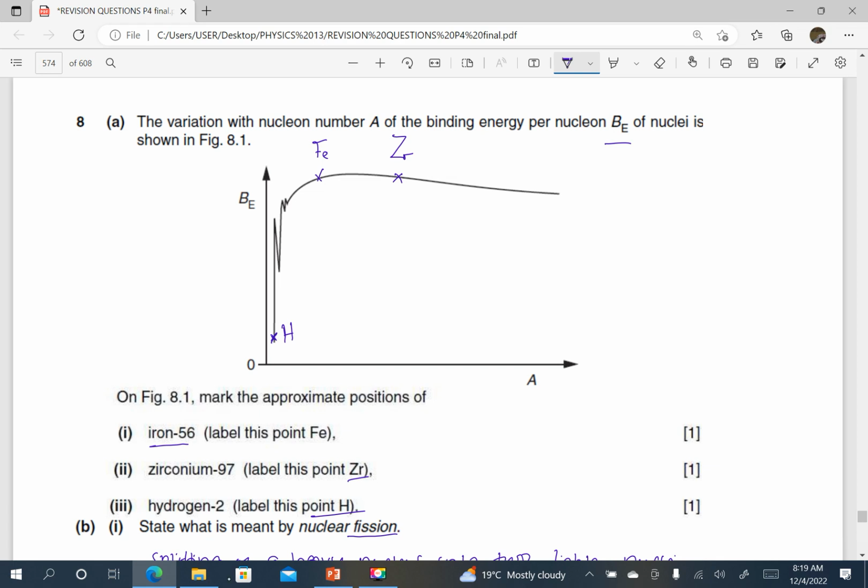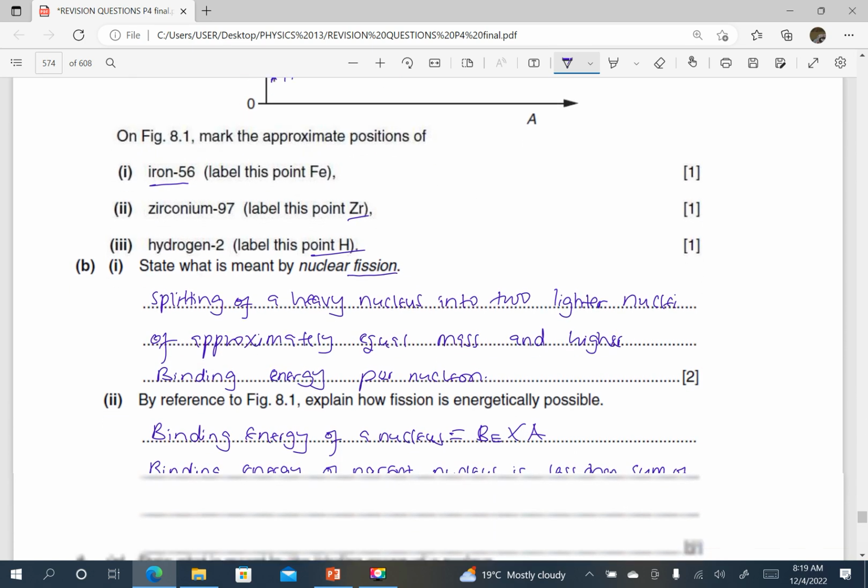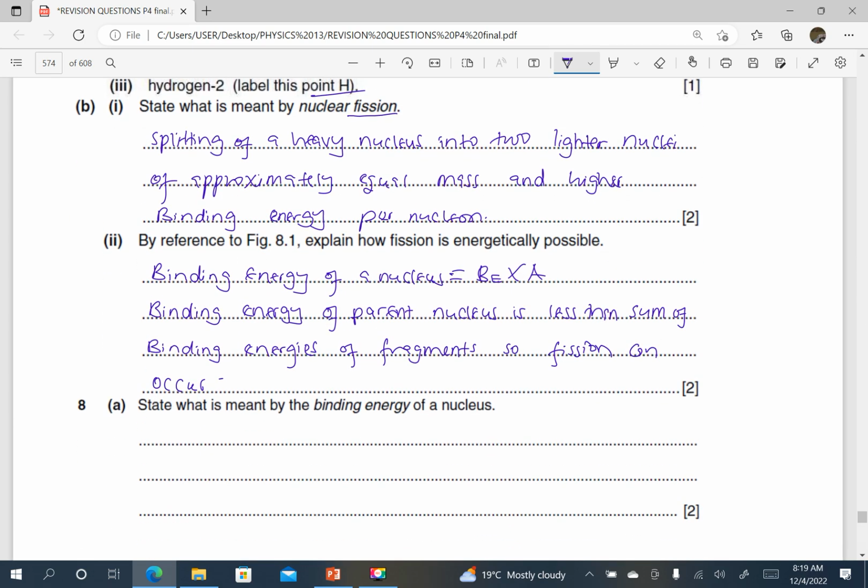Zr is the parent here, and its binding energy should be less than the total binding energy of Fe and H. If they are equal, then fission cannot occur. If the total binding energy of Fe and H is less than that of Zr, still fission cannot occur. So the reaction is energetically possible because the binding energy of the parent nucleus is less than the sum of the binding energies of the fragments, so fission can occur.